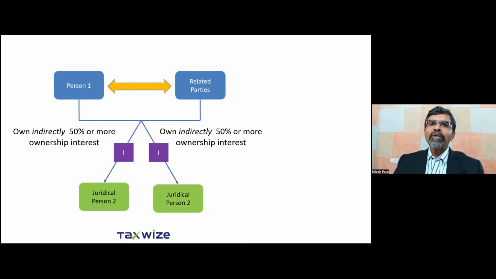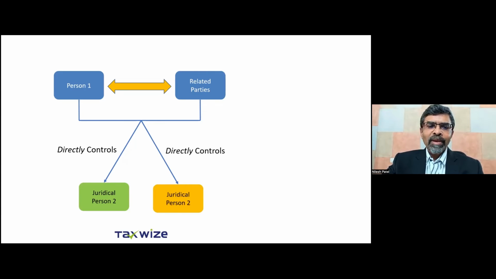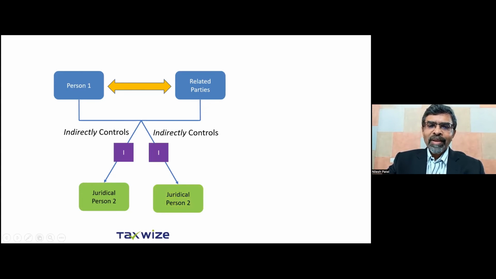All the four parties will be related parties. In this case, the person along with her, his, or its related parties directly controls two or more juridical persons. All four persons will be related parties. Here, control happens indirectly through intermediaries.